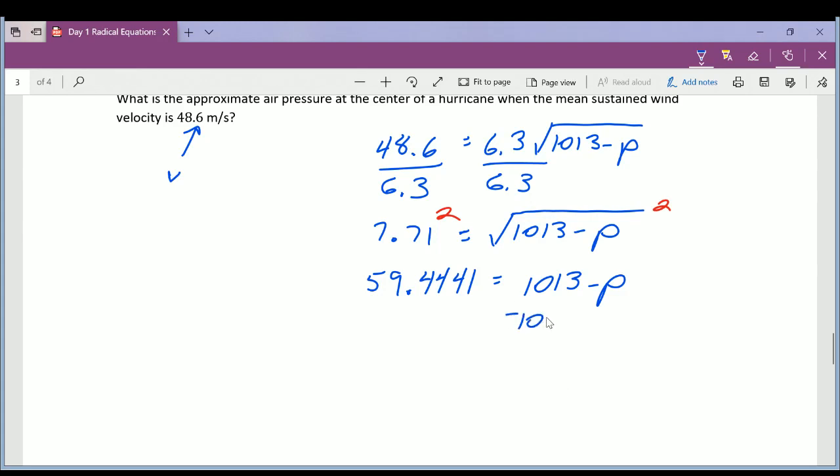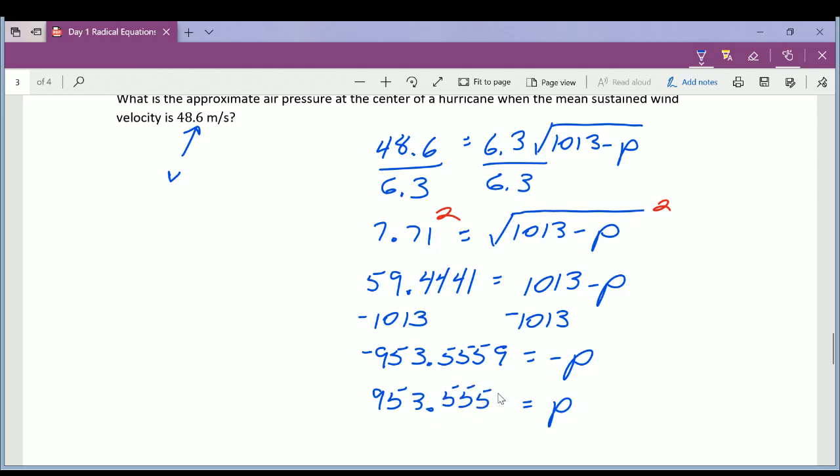So subtract 1013 from both sides. That gives us negative 953.5559, which is negative P. And since this is negative P equals negative that guy, just drop the negatives in both cases. You've got P equals 953.5559.